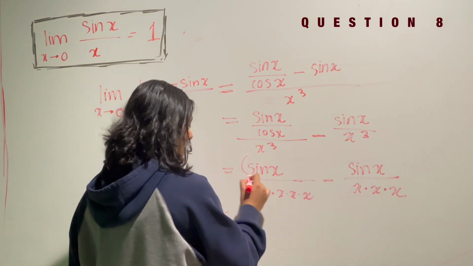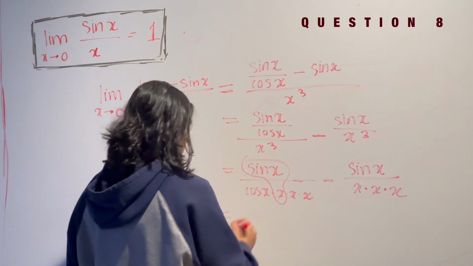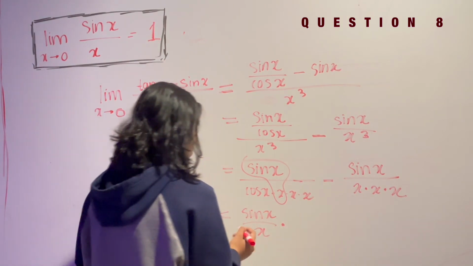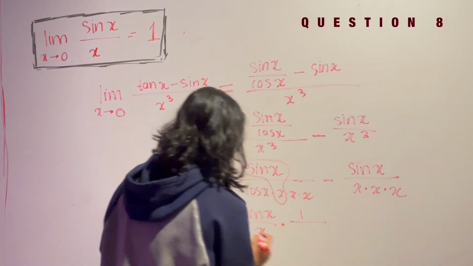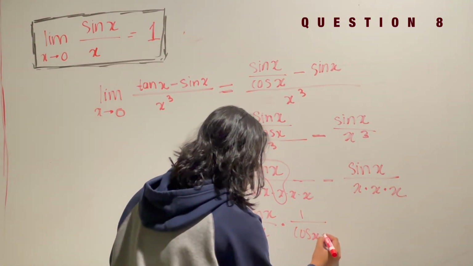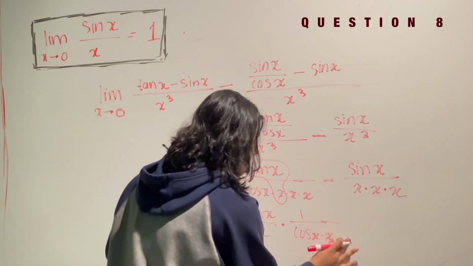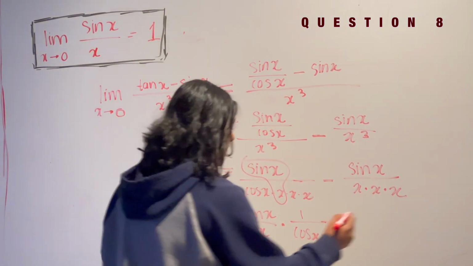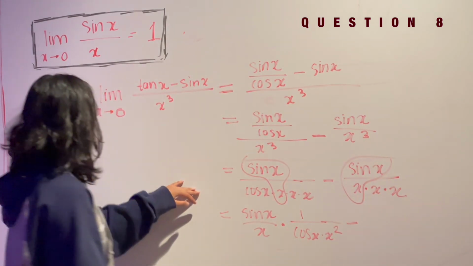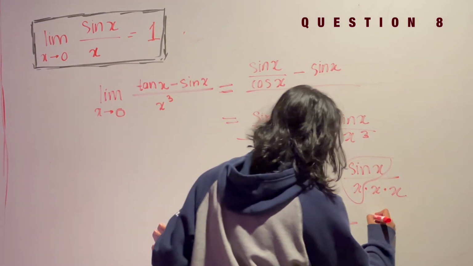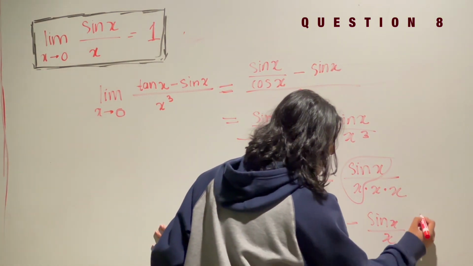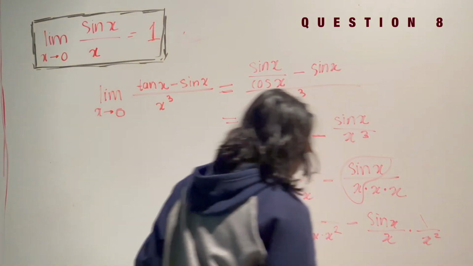Over here, we see that this is sin x over x multiplied by 1 over cos x times x squared. And we also see that this is sin x over x, times 1 over x squared.